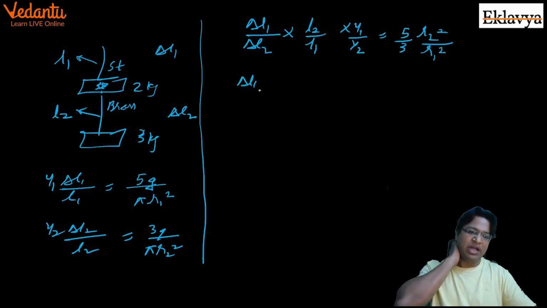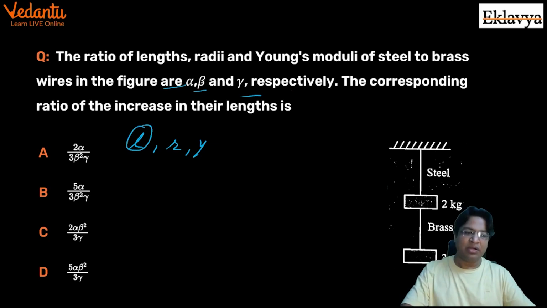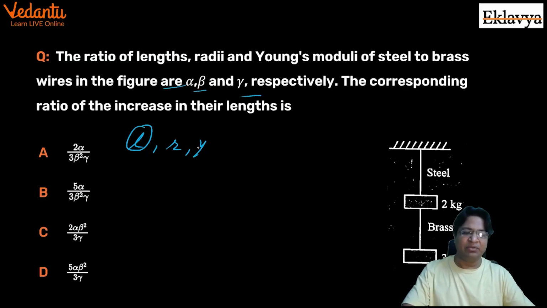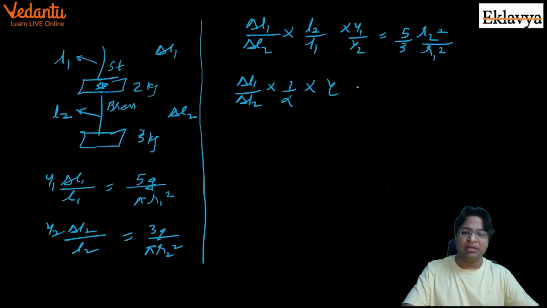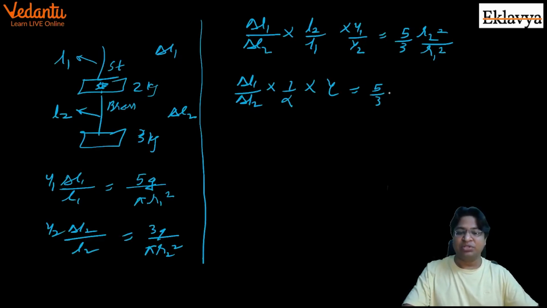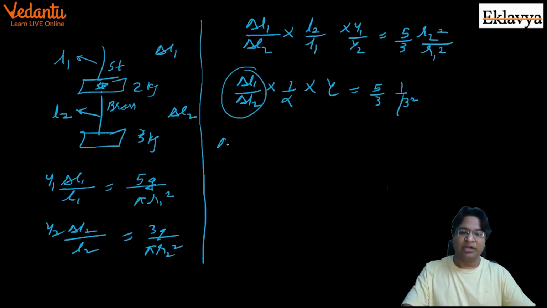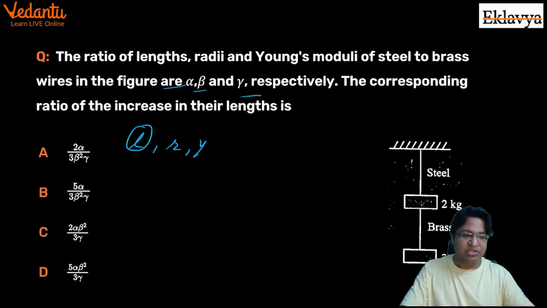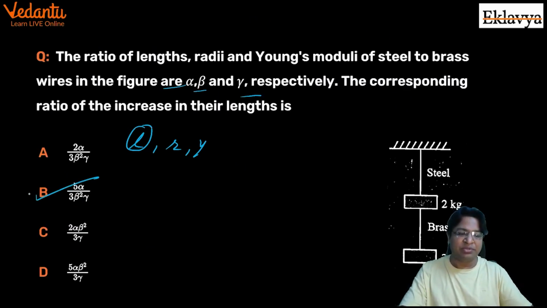The ratio L2 by L1 is 1 upon alpha, Y1 by Y2 is gamma, then 5 by 3, R2 square by R1 square, R2 is the numerator, so it would be 1 upon beta square. So we are trying to find the ratio of the elongations, so that will become 5 by 3 alpha upon beta square gamma. So B option looks like the correct one.